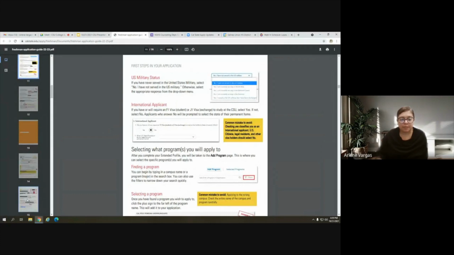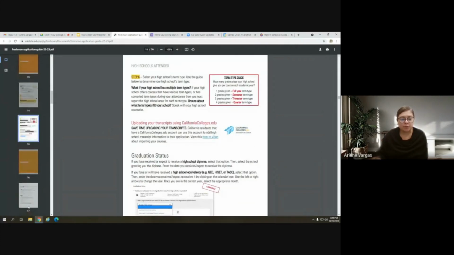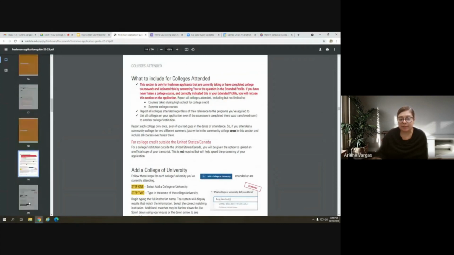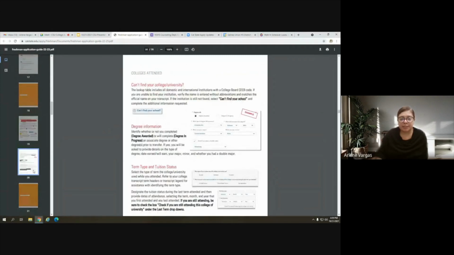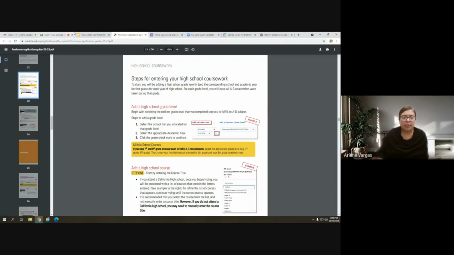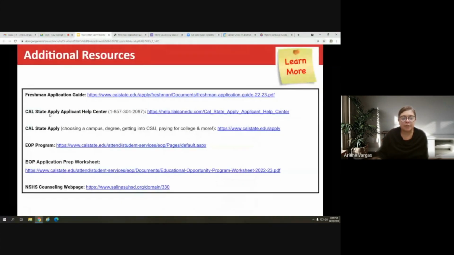It's 56 pages long. You, of course, don't have to print it, but if you have questions about a specific area or section, you can check this guide, and it's specifically for incoming freshmen, so for students like you, okay? So lots of great information there.